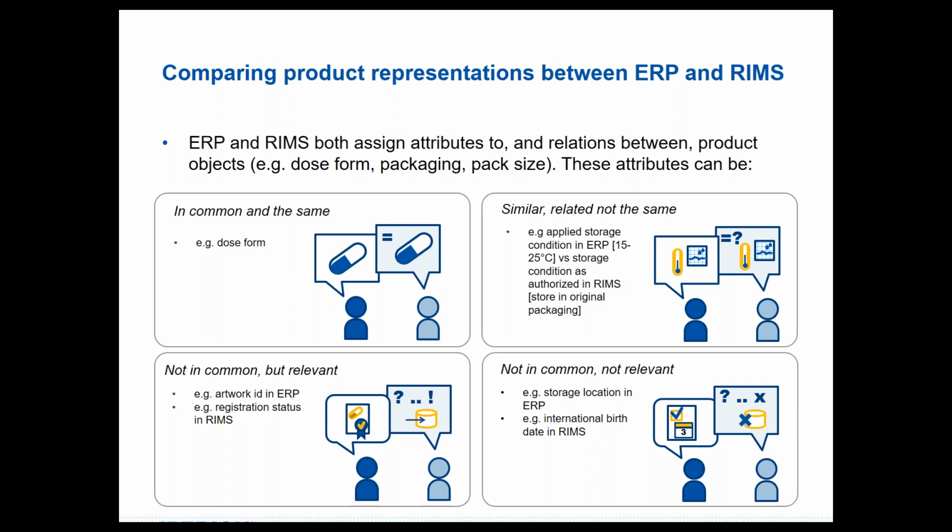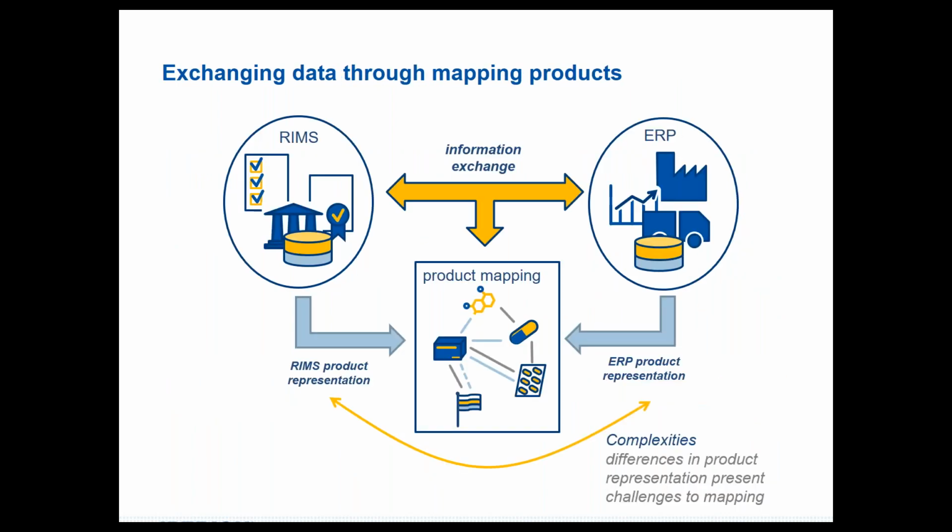However, it could be that in the future there will be use cases where those data might actually be useful to exchange as well. In that case, the common link between the two systems allows you to also work with those use cases. This also emphasizes that the choice of use case is very important for how you make this link. So how do we go about making that link? Can I have the next slide, please?